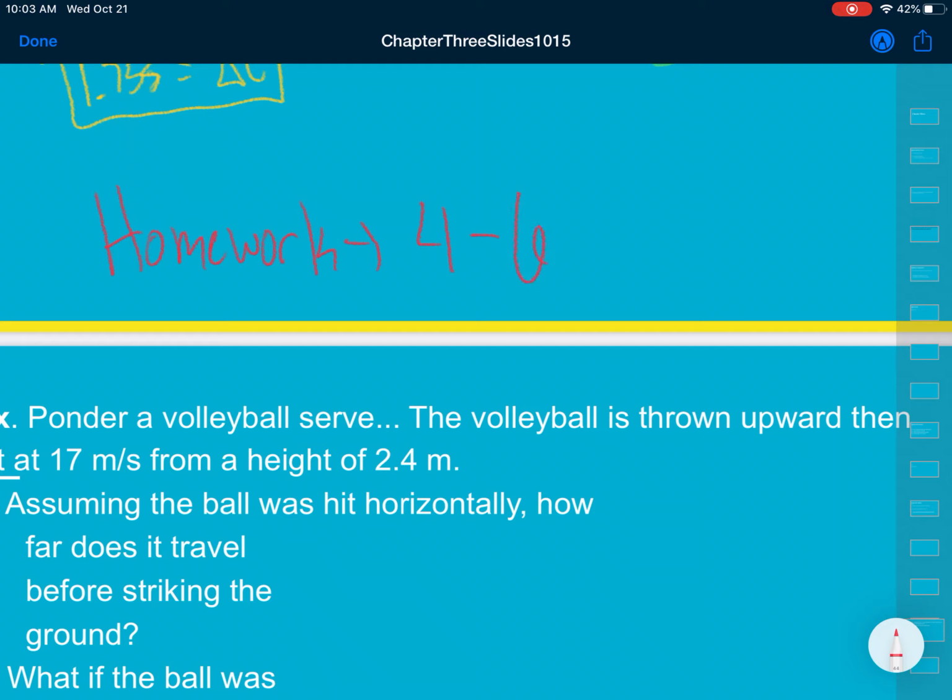And then we will say homework check. Homework check is going to be on Monday, the 26th. So Monday 10/26 will be when we do the homework check.